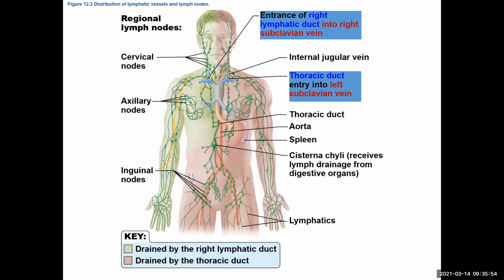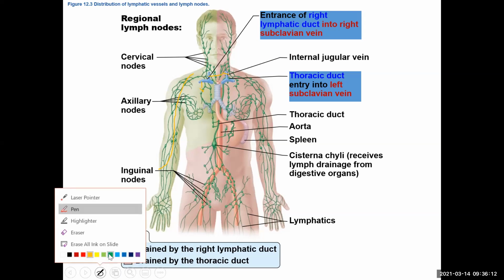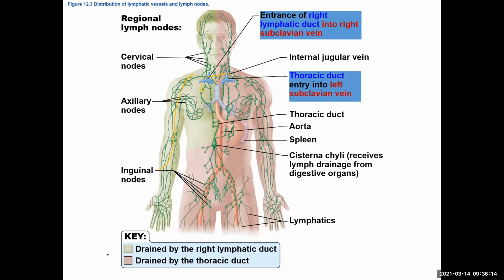Guys, do you remember the subclavian vein? Yes, right? And then we have the jugular vein. If you see here, this is an internal jugular vein. In between the two, there will be your duct, which we'll talk about in a while, the bigger lymphatic vessel called a lymphatic duct, which will pour the fluid between the jugular vein and the subclavian vein.